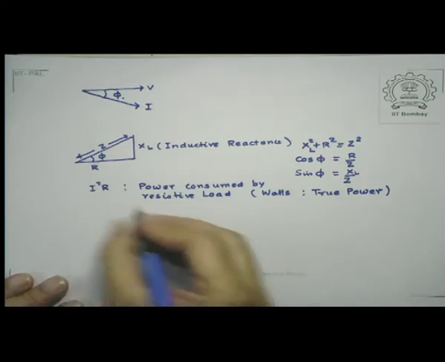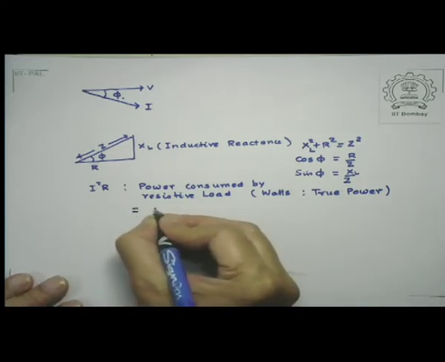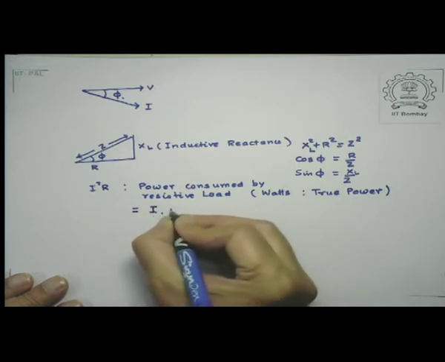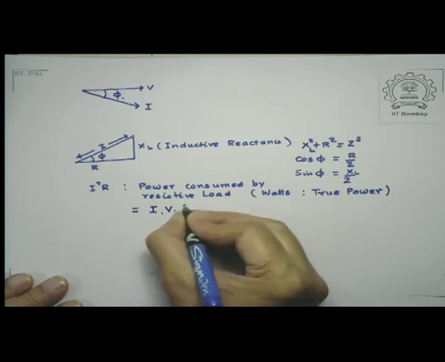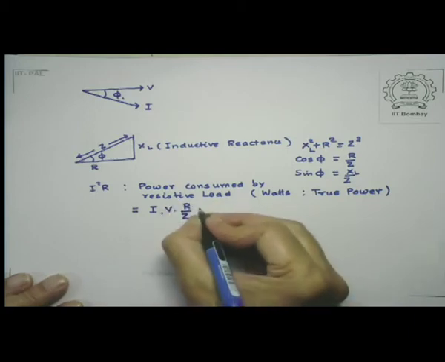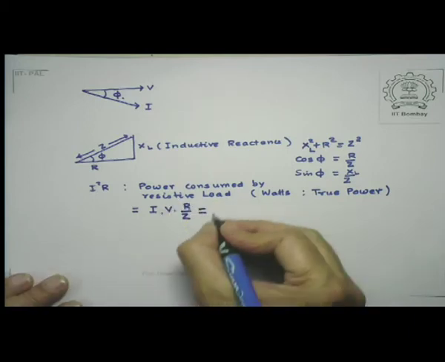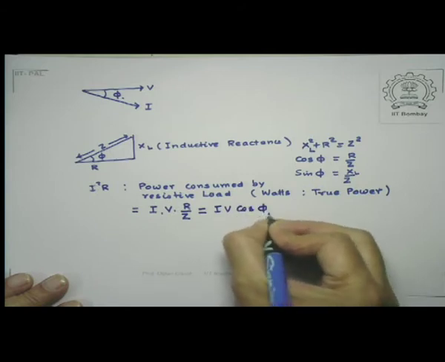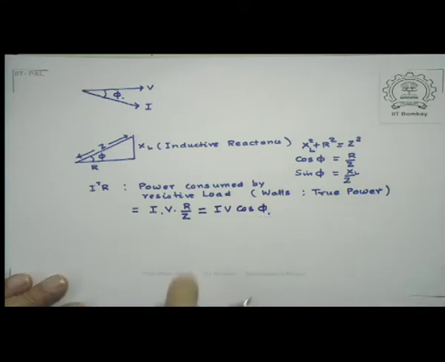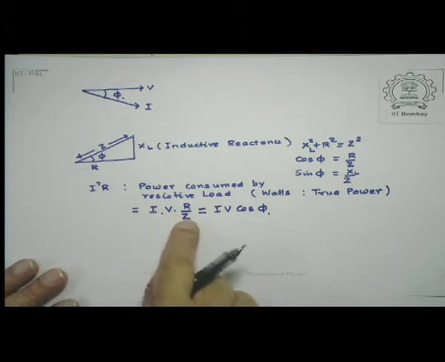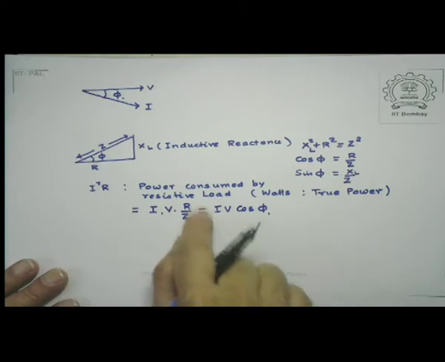If you look at this I square R, this is also nothing but I times V times R by Z. So that is equal to I times V times cosine of phi. So basically what I have done is to write one of the I's as V by Z and multiply it by R and use R by Z is equal to cosine of phi.